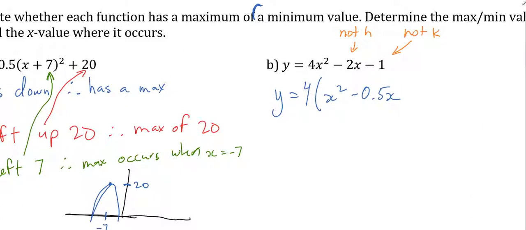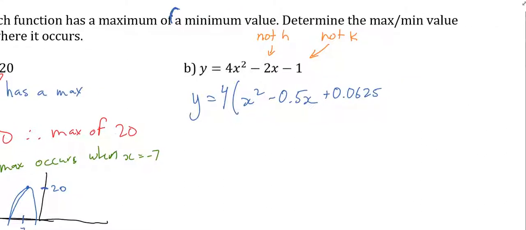And I get plus 0.0625. I'm going to keep all the decimal places, not rounding, even though it's kind of a disaster. What do I do with that number? I add it and subtract it. And that's the first step of the completing the square process, right?